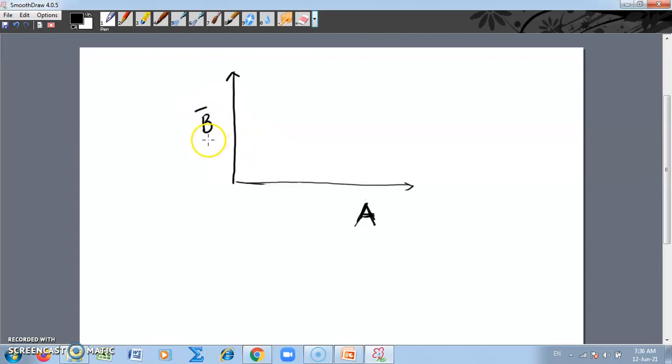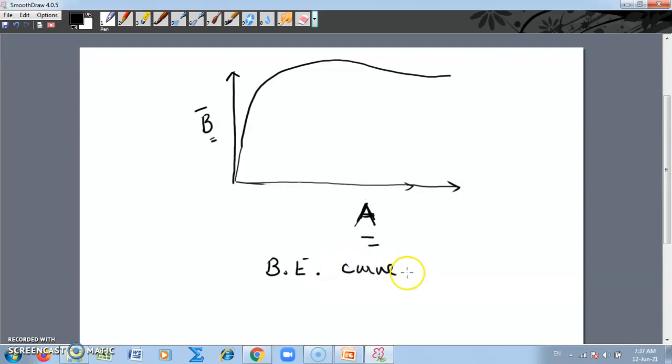This is the binding energy per nucleon and this is the mass number. So we get a graph like this, which is called the famous binding energy curve. We'll discuss this in part B of our class today.